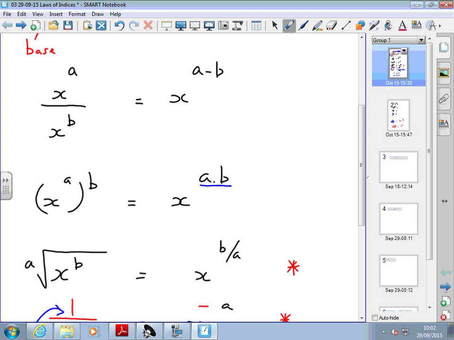If I've got x squared cubed, that means x times x multiplied by itself 3 times. So how many x's have I got altogether? 3 lots of 2. So I multiply the powers together. The third law of indices simply says if I've got one power raised to another power, I multiply them.